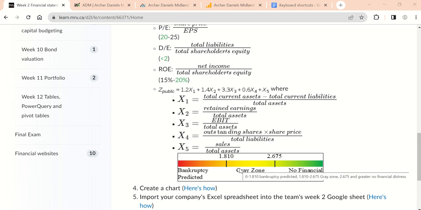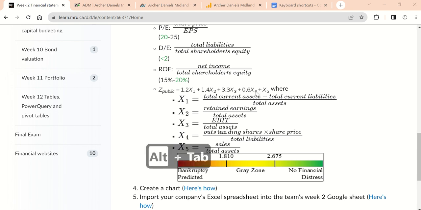So let's start with the first one, and we're going to do what's called a product sum, where we're going to multiply these numbers, but then we're going to add each of these that we multiply. The last one is multiplied by 1. So I'll show you how to do that in Excel.